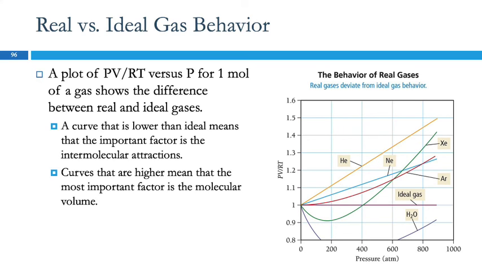So what's happening here? So the ones that are above the line, the factor that's more important here is the volume of the molecules. And for the gases whose curve falls below the line, what's more important is the attractions between the particles.